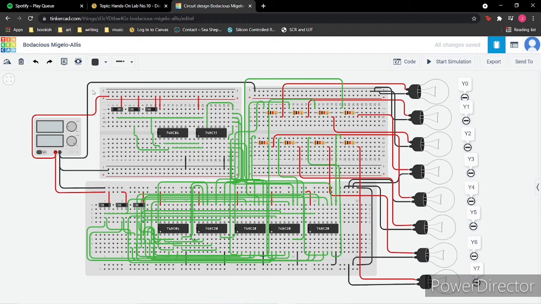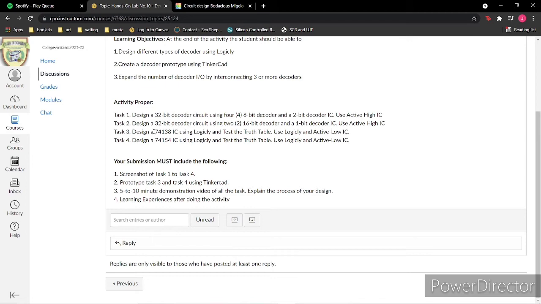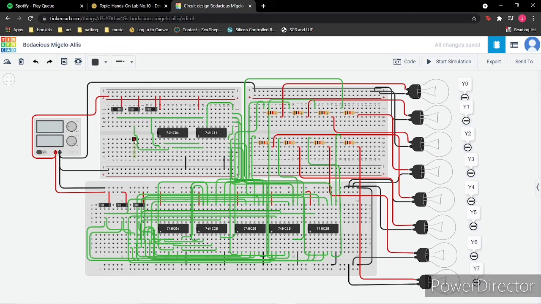The demonstration for task 3: this is the 74138 IC in Tinkercad, and these three slide switches represent E1, E2, and E3, and these slide switches represent A0, A1, and A2.